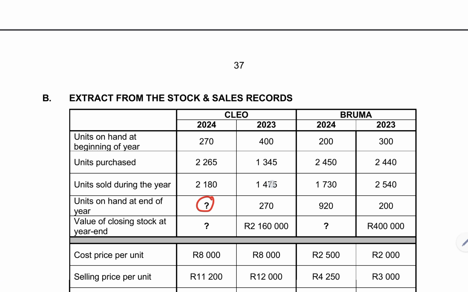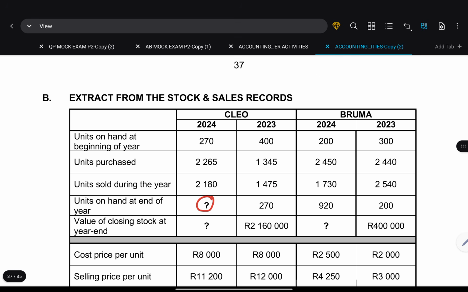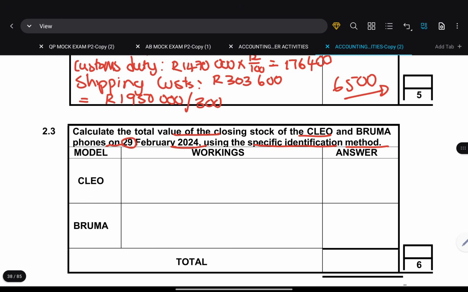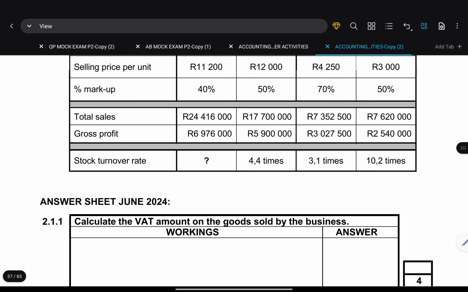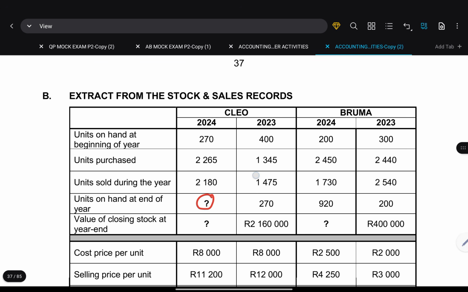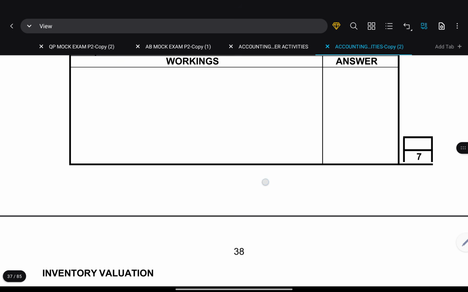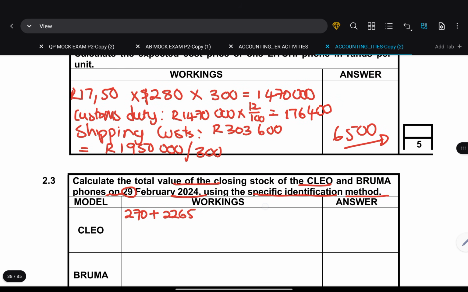So 270 plus 2,265, and then we are going to minus 2,180 so that we can get the number of units on hand.